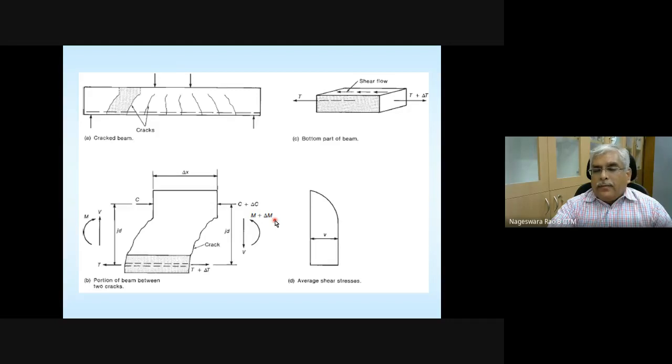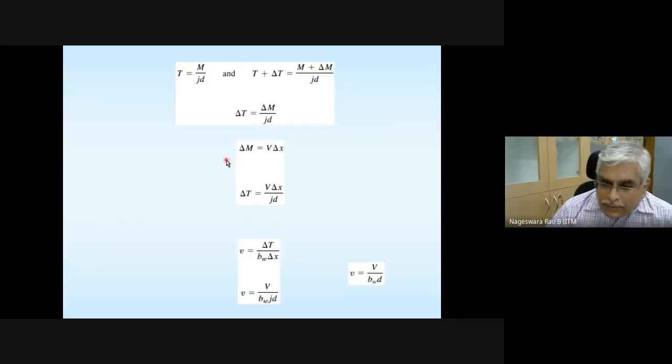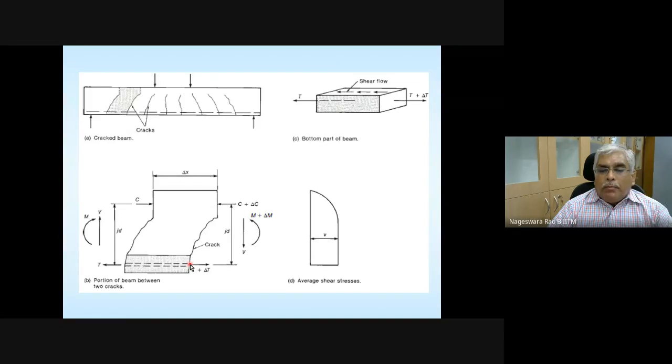Please make a note, take a moment about this point. Moment M plus V, the shear force, times the length of this element delta x. You are taking moment about this point, so the moment of this shear force is not going to come into the picture, because the shear force is acting through the point where you are taking the moment.